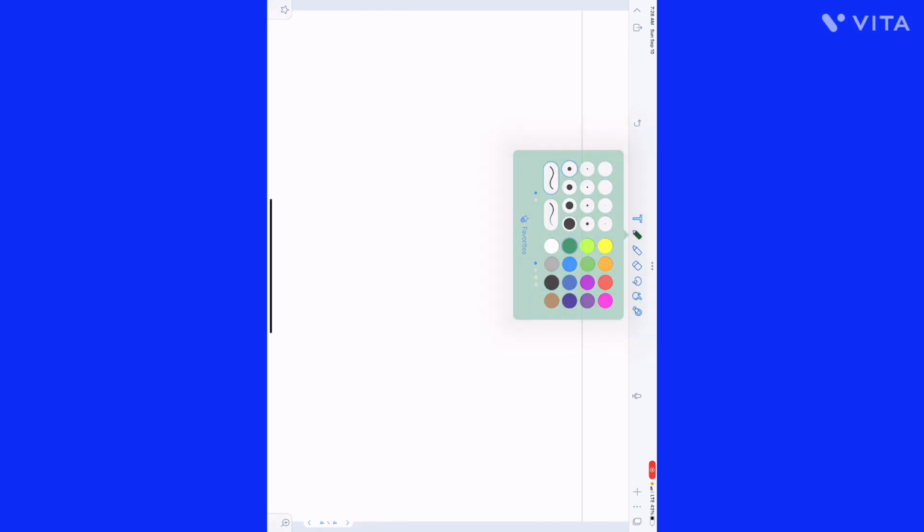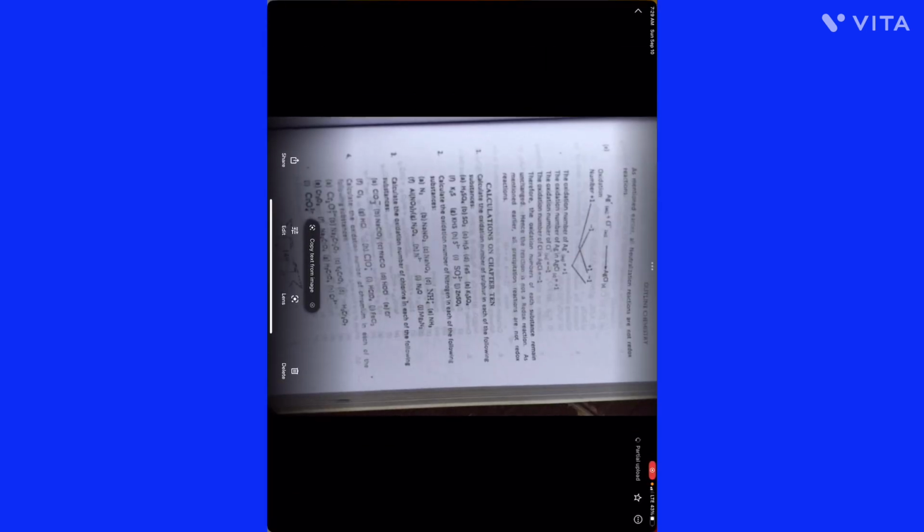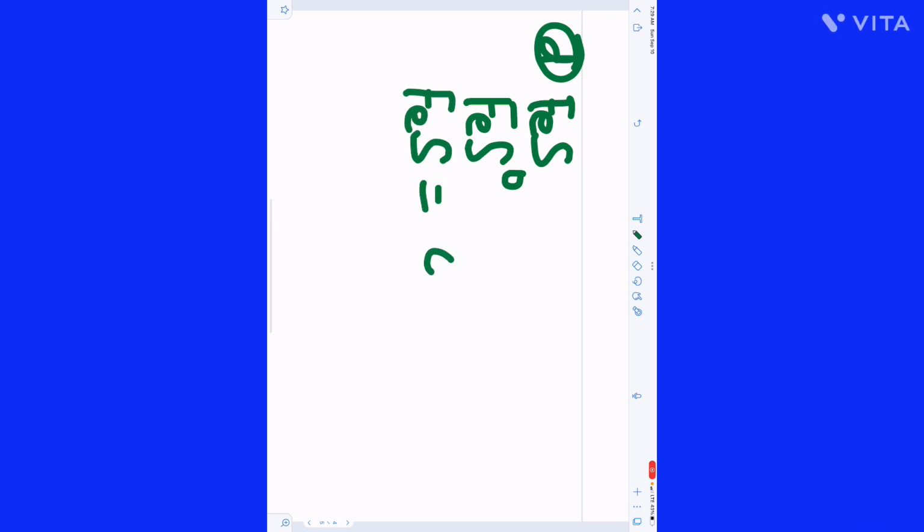Next is D. Let me be fast because it's a long exercise. Question D says, find the oxidation number of iron in FeS. There's no charge on the molecule, so FeS is equal to 0.